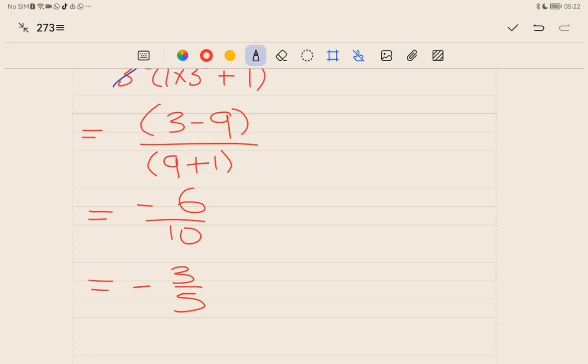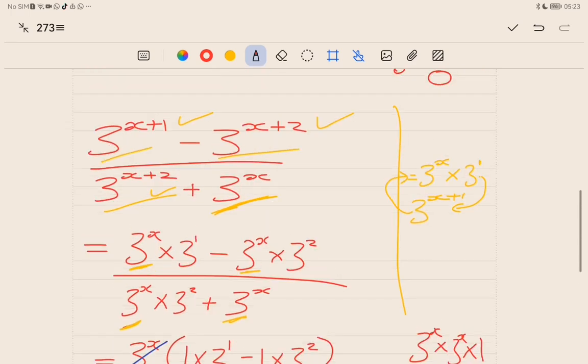So to prove that you have simplified without making mistakes, you have to let x be any number. You can say 1, then substitute 1 for the x in the original expression that you're given.